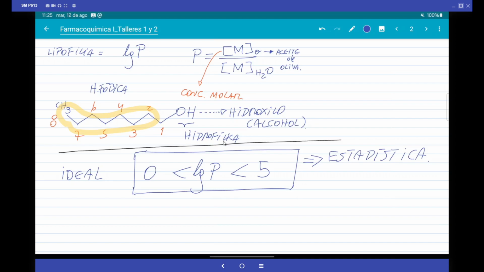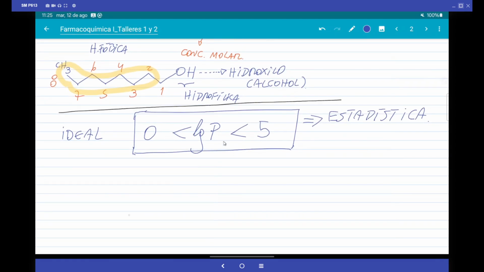I'm going to give an antiparasitic example. Look. We will consider this compound. And this compound, as simple as it seems, is an antiparasitic. This compound is made to kill parasites, that is, worms, that infect the intestine.